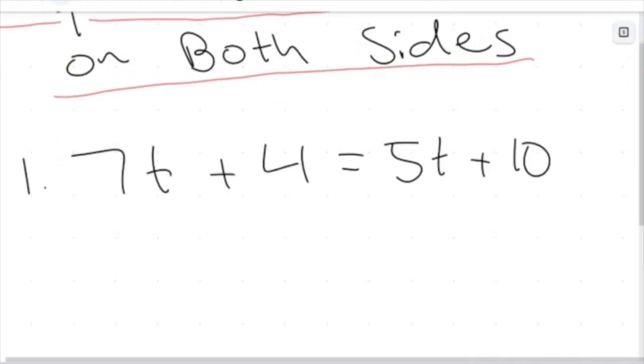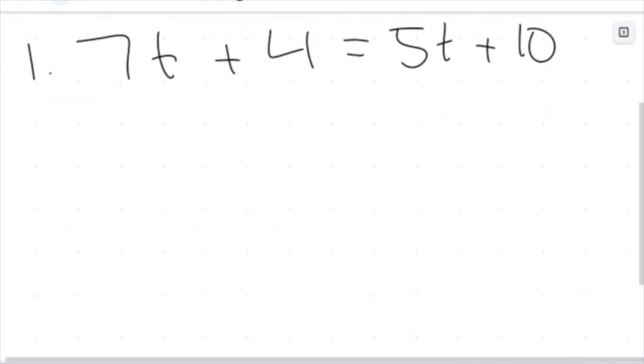Now, I have an example here, which is 7t plus 4 equals 5t plus 10. Now, what I'm going to do here is I'm going to take that same analogy. We're going to draw up our scale. It's going to look a little bit more busy and kind of full on because my numbers here are a lot bigger.